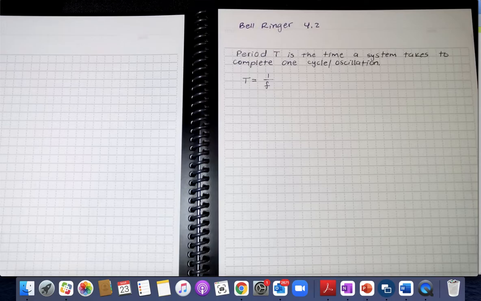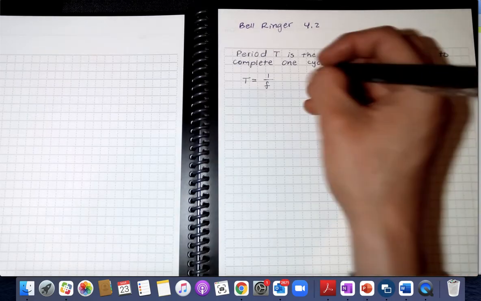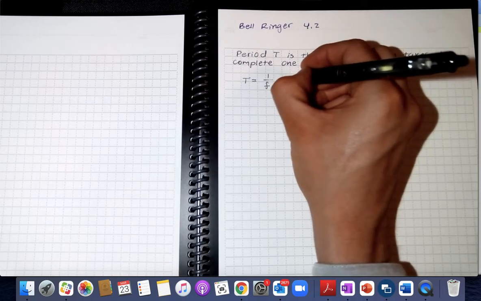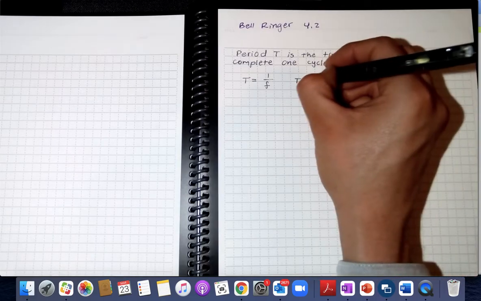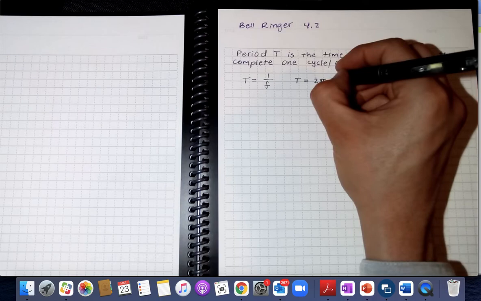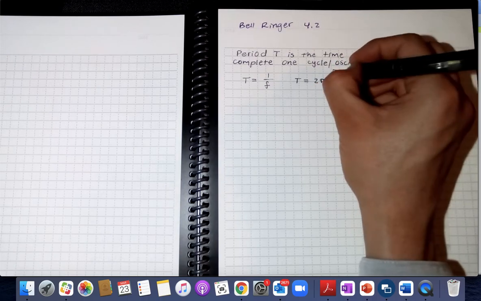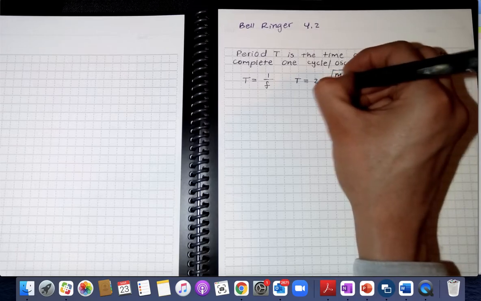I'm going to give you another formula for this one. This is the period of a system where you have a mass on a spring. It'll be 2 pi times the square root of the mass divided by the spring constant.